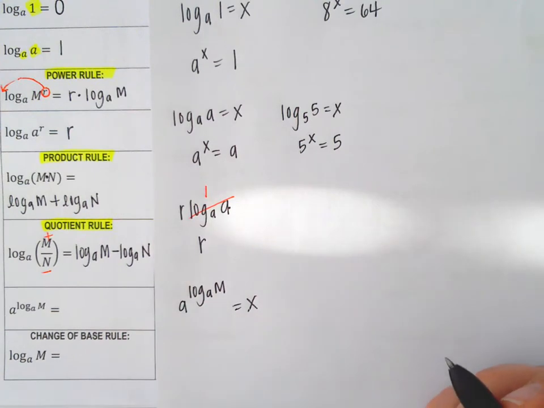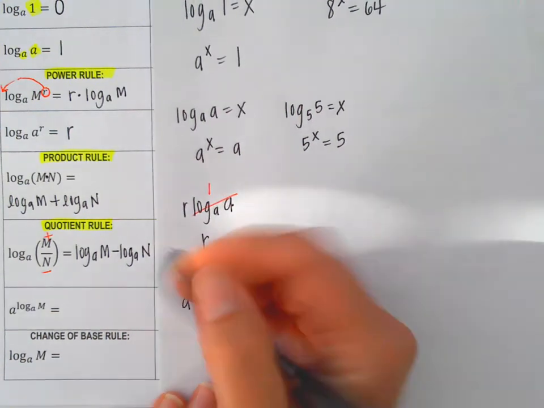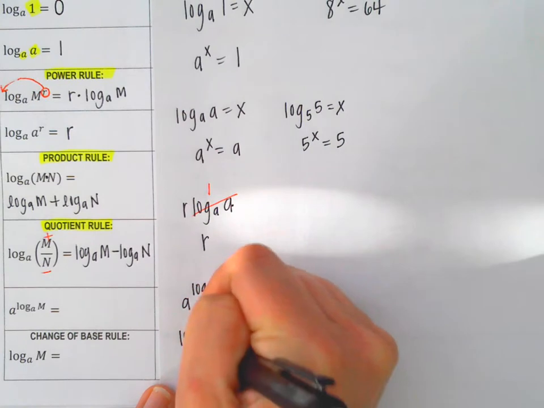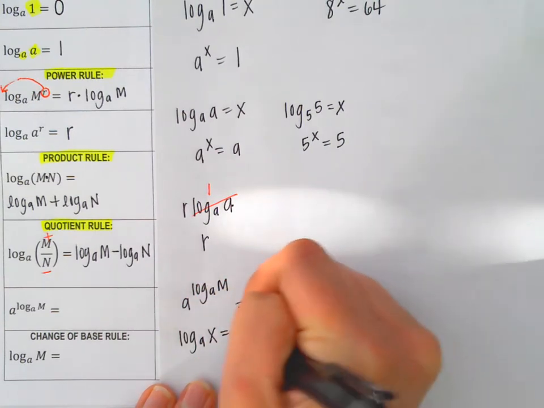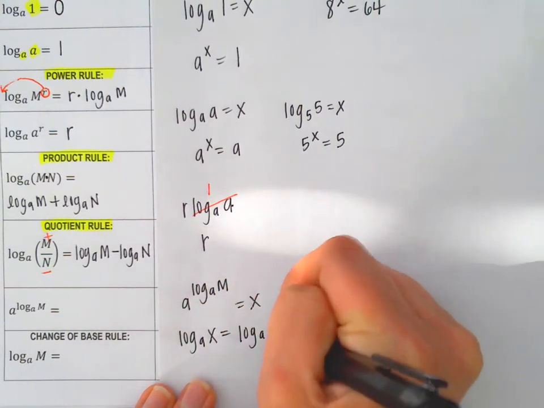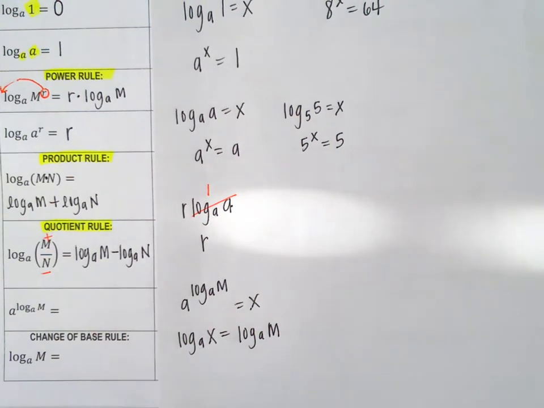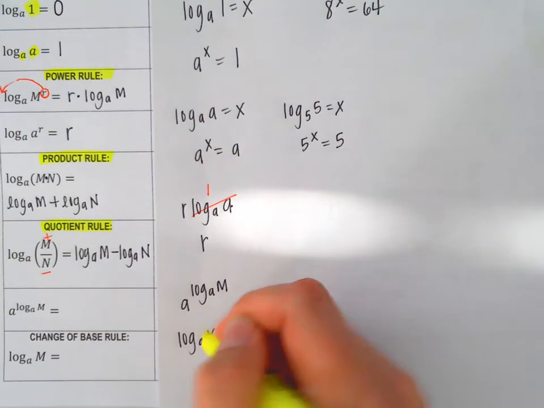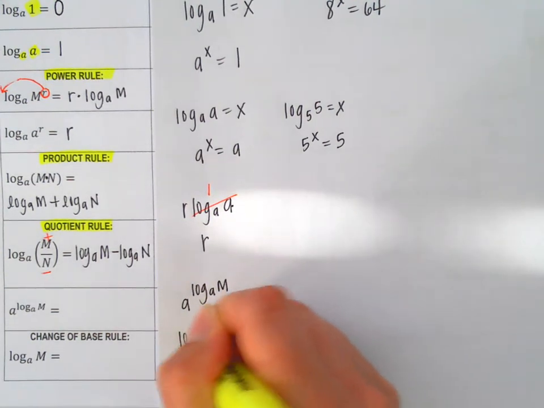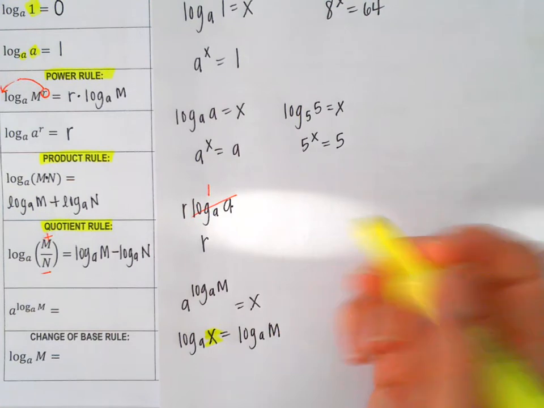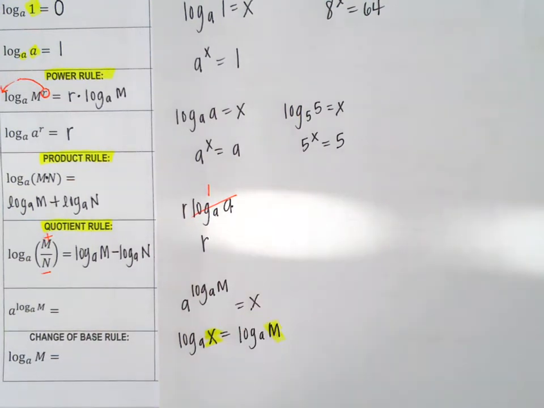Now, if I rewrote that as a logarithm, that would be log base a of x equals the exponent, so log base a of m. What do you think x is going to be equal to? Well, you can set the arguments equal to each other when the bases are the same. x is going to be equal to m.